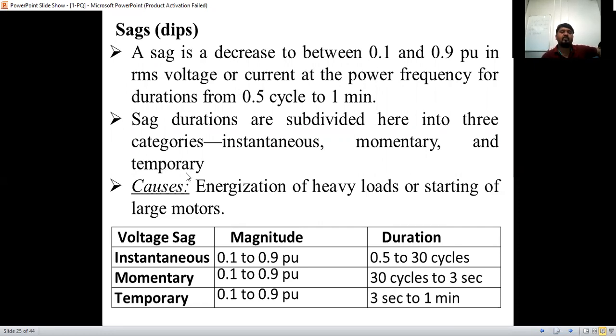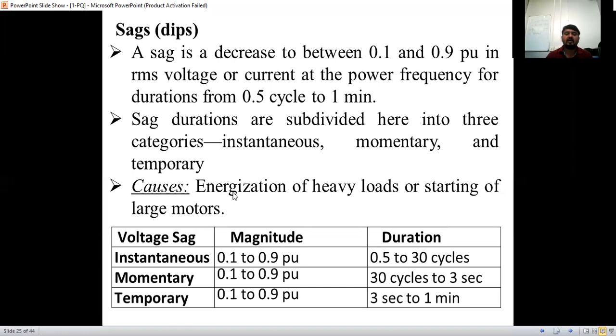The causes of voltage sag are the energization of heavy loads or starting up a large motor. When we suddenly start a large motor, it consumes more electricity. Suddenly the power is added, and that causes the voltage dip, or voltage sag.